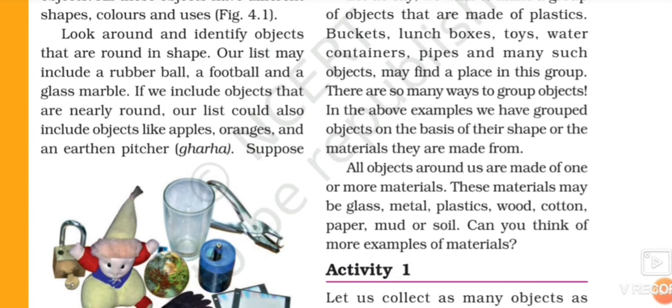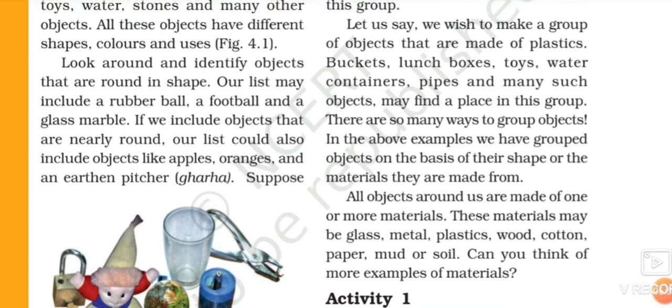But if you look at your study table, sometimes you will find that the legs of the table are made up of iron, the tabletop is made up of wood, and some of the screws are made up of iron material. So there are many different materials added to make one single object.